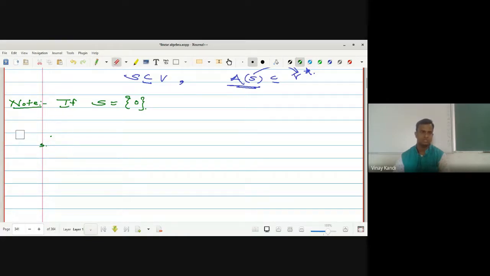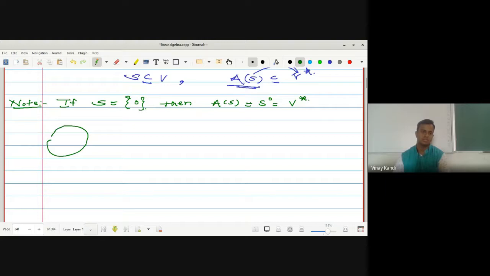Anyone knows? Then the annihilator of S, S dot, is equal to V star. Whatever functions there are in V star, all the functionals belonging to V star, each and every functional in V star transforms this zero vector to zero.